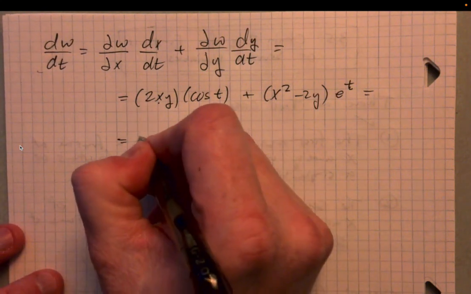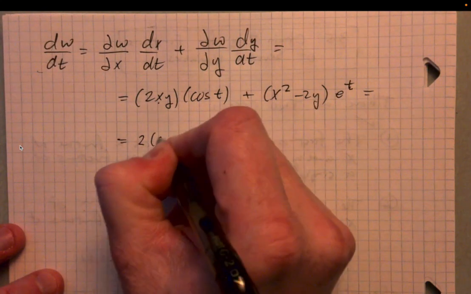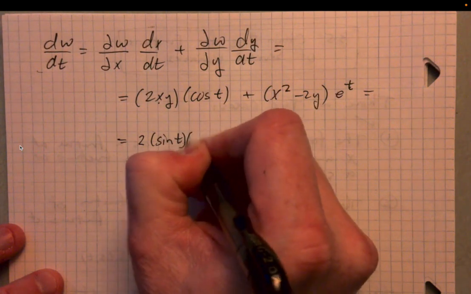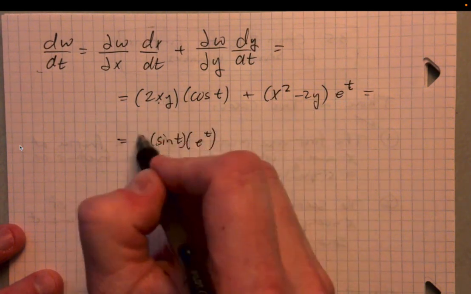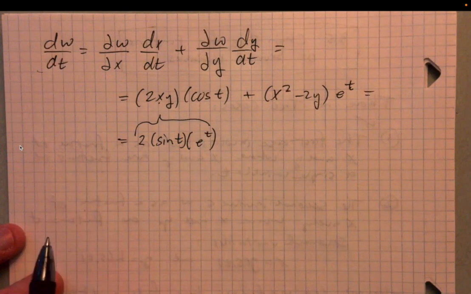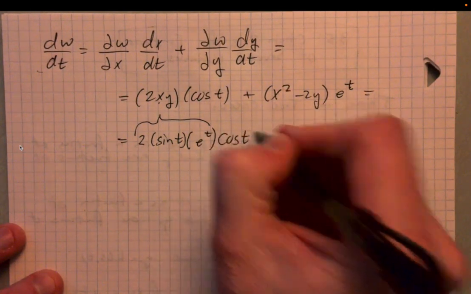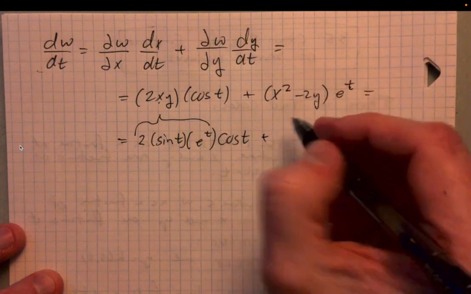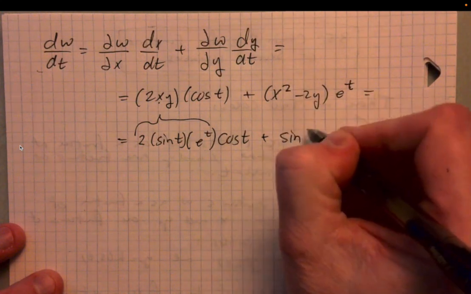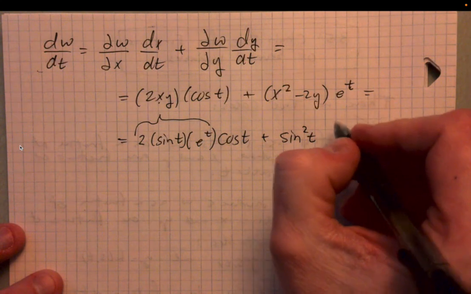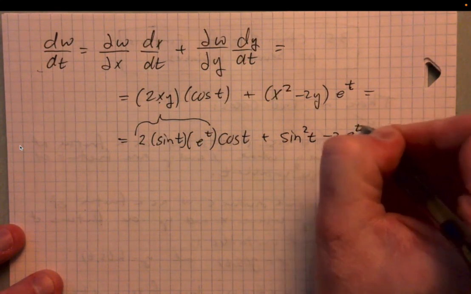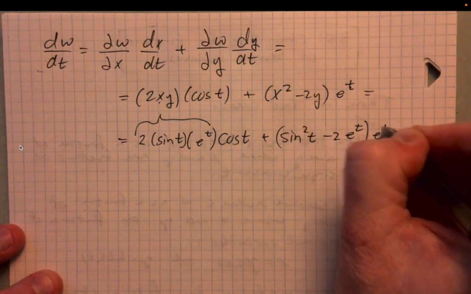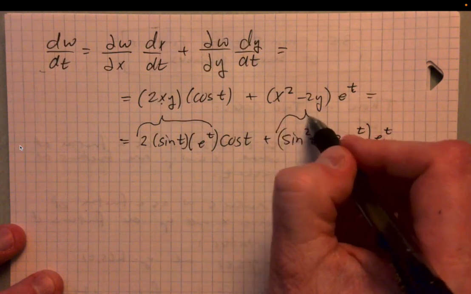So this would be 2 times the sine of t times e to the t, right? That's basically this part. And then, of course, cos t. And then plus, now this thing here is going to be sine squared t, that's the x, minus 2 e to the t. And then that's all times e to the t, right? So this part here is that guy.